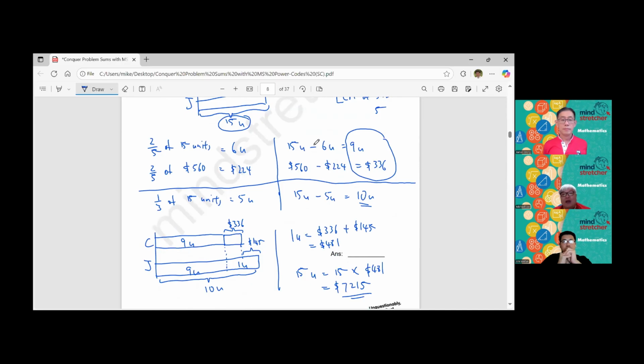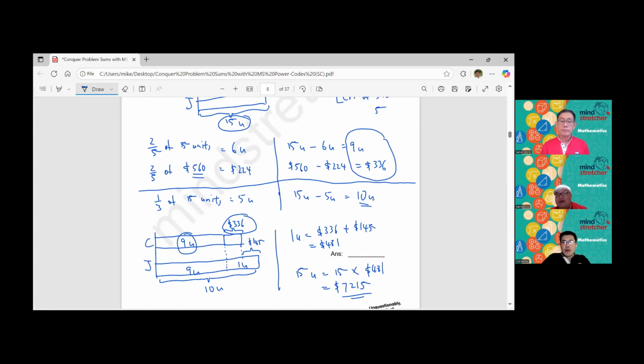So we take 15 units minus 6 units to get 9 units. That's why in the upper model I have 9 units. And 2/5 of 560 is 224, so when we take away the 224, we will have 336 here for the after model.